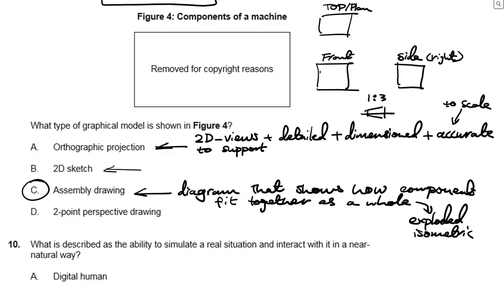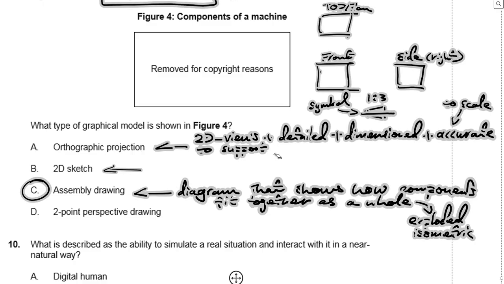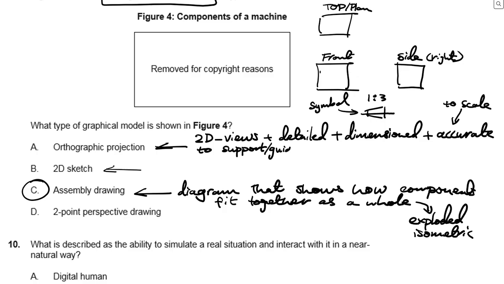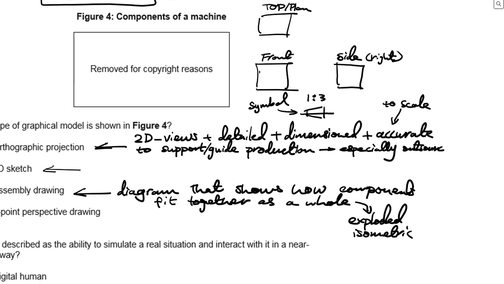So definitely go check that out. Give it a search, the symbol for orthographic. It's to support or guide production, especially when you're outsourcing to some manufacturer, because they need a reference, right?